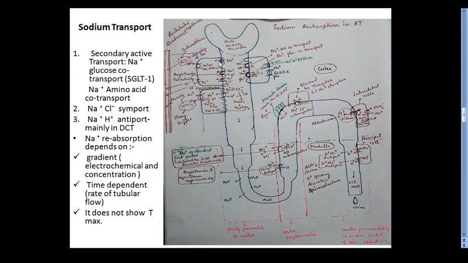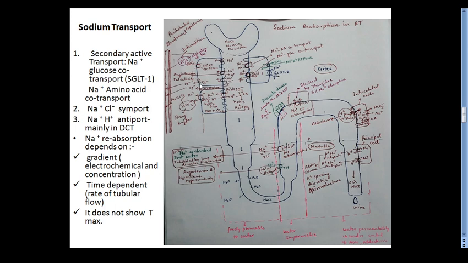Similarly, there is an antiport channel, called the sodium and hydrogen ion antiport channel, and through this channel sodium ion is reabsorbed and hydrogen ion is excreted out into the urine. And all these channels are present on the luminal side of the renal tubule.